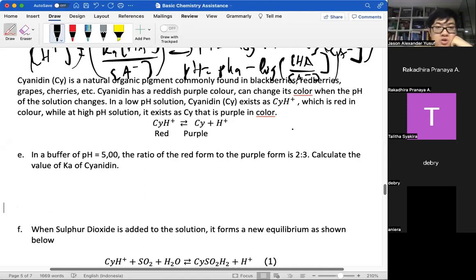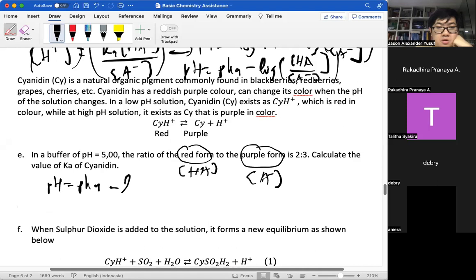And so for pH, the ratio of the red form to the purple form is 2:3. So that means the red form is your HA, and the purple form is your A minus. And so pH equals pKa minus log HA over A minus.